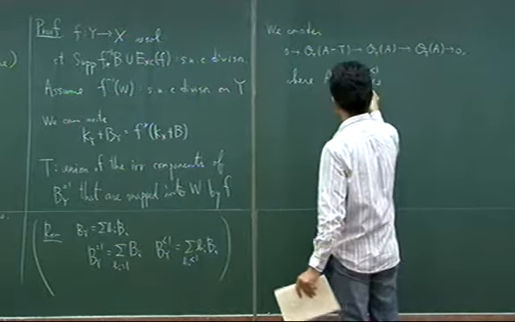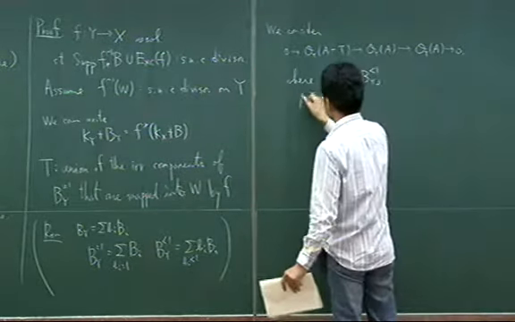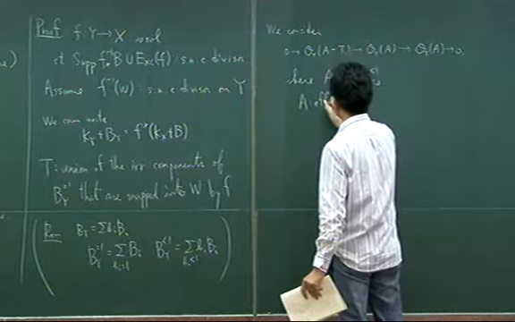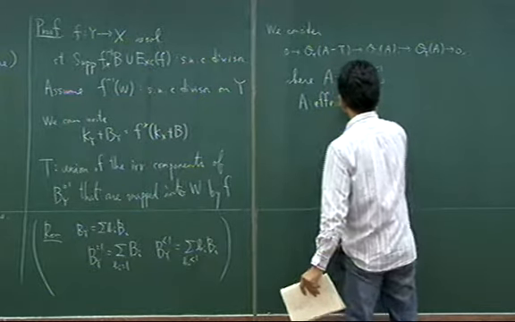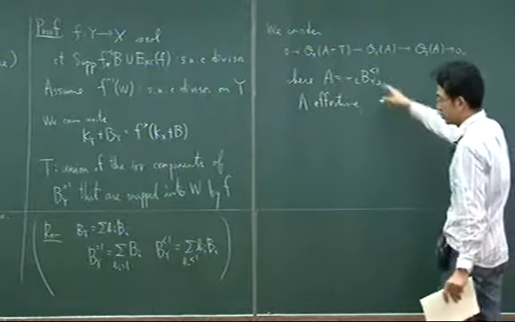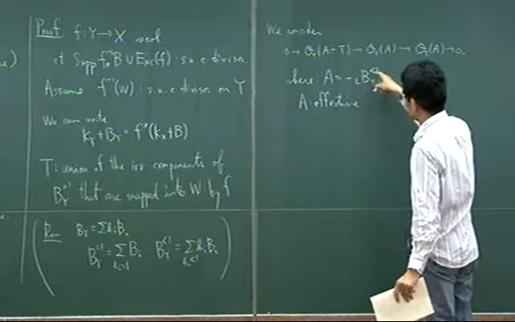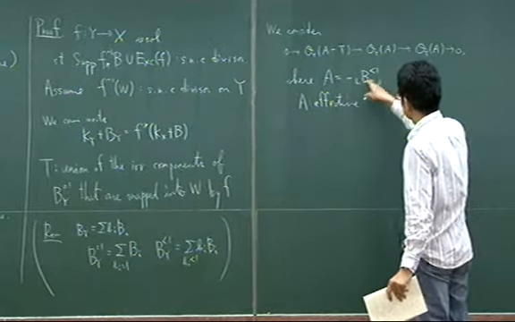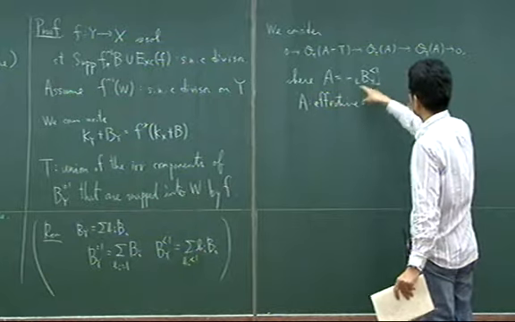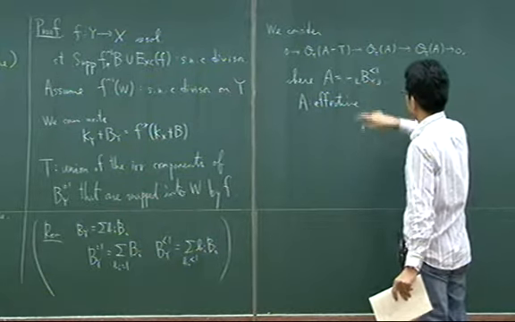By the definition of this divisor, A is effective. The coefficient of B_Y^{<1} is less than 1, and round down of this divisor is a negative divisor.